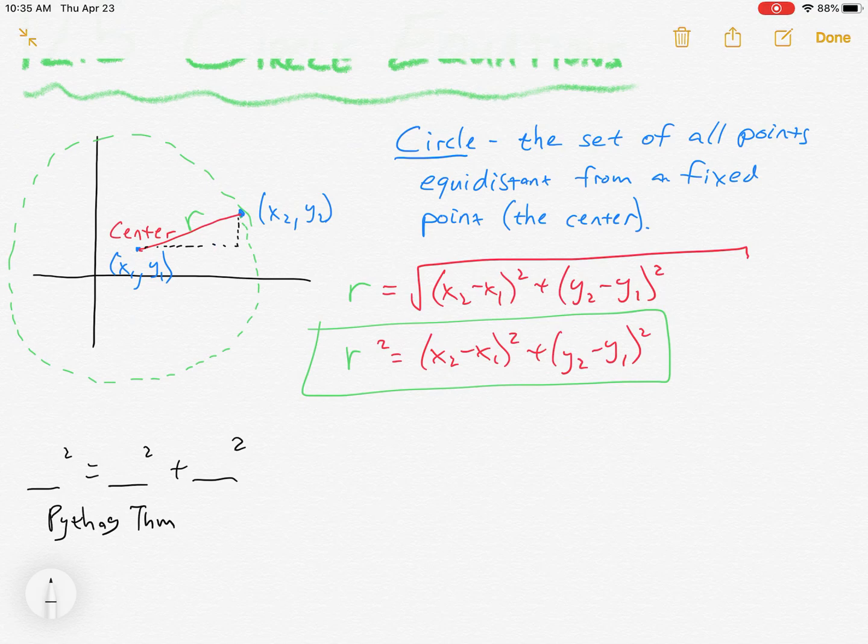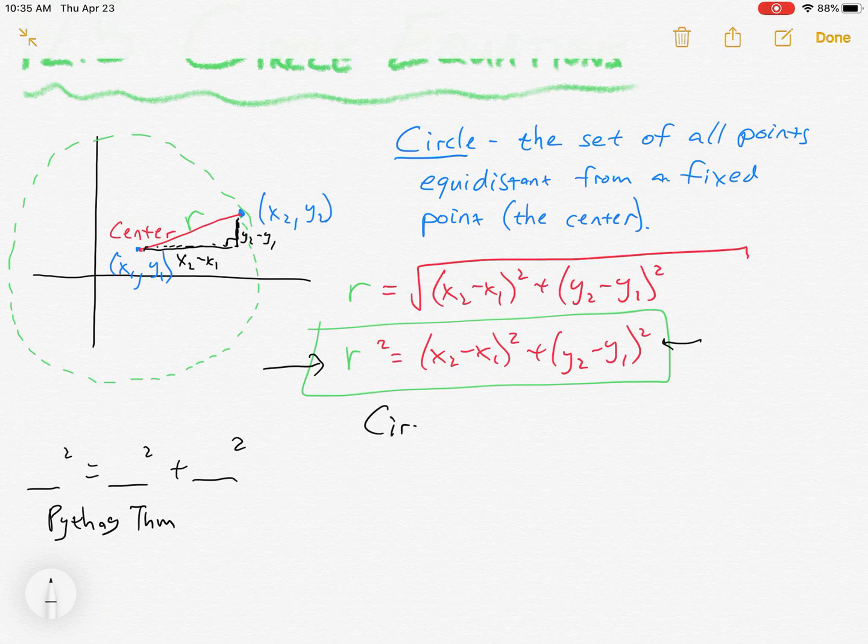Pythagorean theorem, right? And it turns out the circle equation, the distance formula, and the Pythagorean theorem are all about the same. Here's how I could get Pythagorean theorem out of this. Imagine you make a little right triangle out of this. This lower length is x2 minus x1 because it's x2 beyond the x1 point.